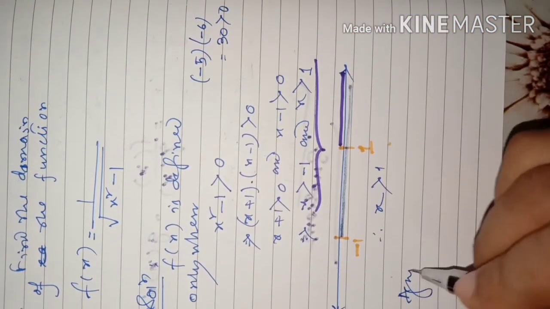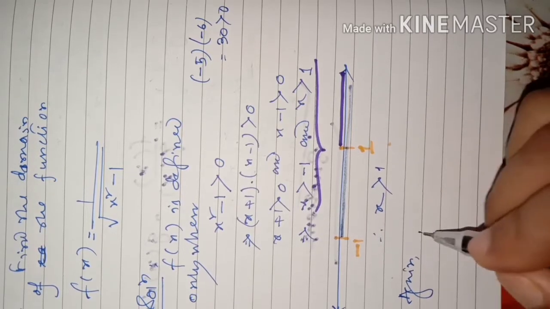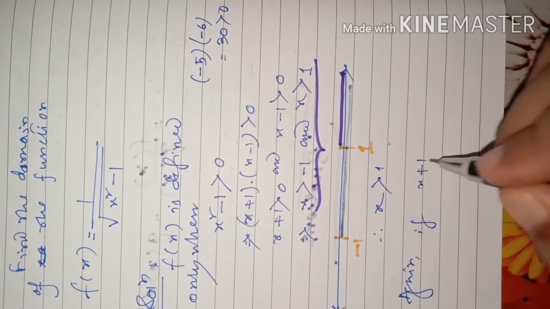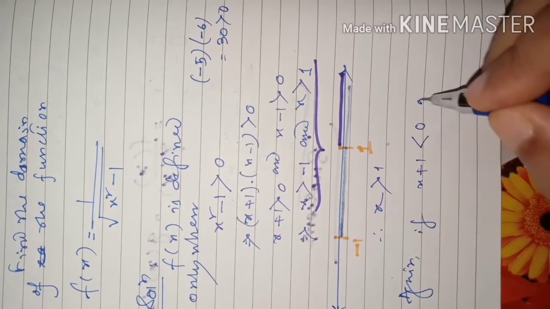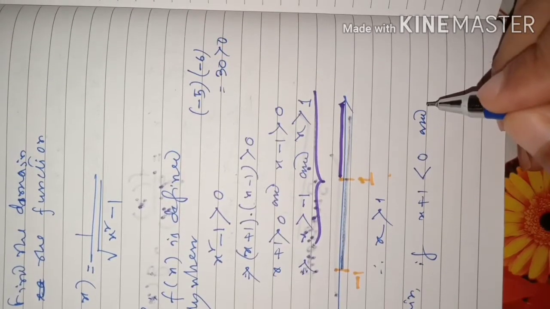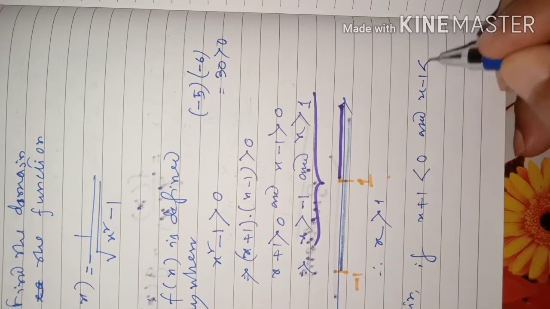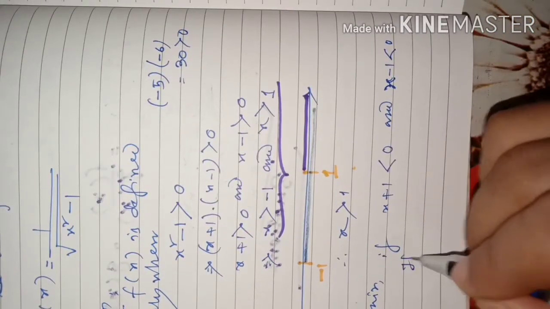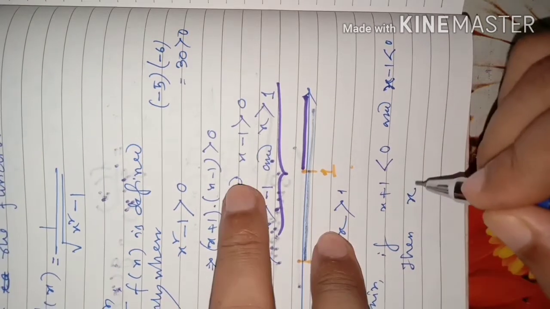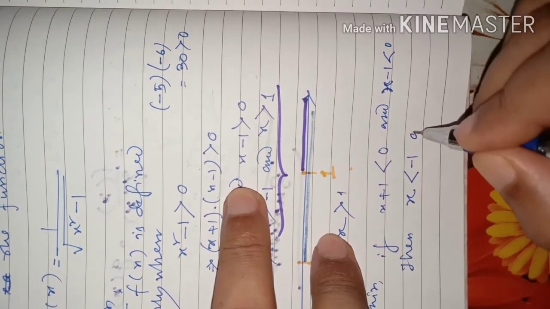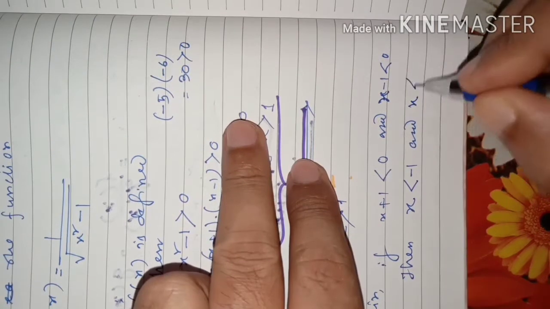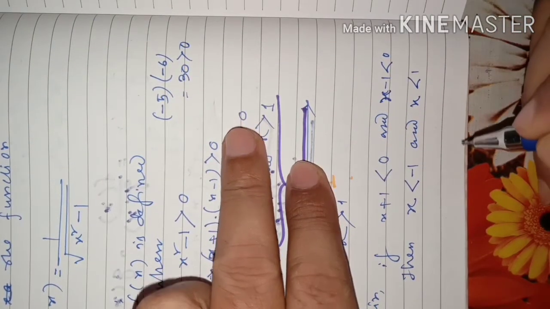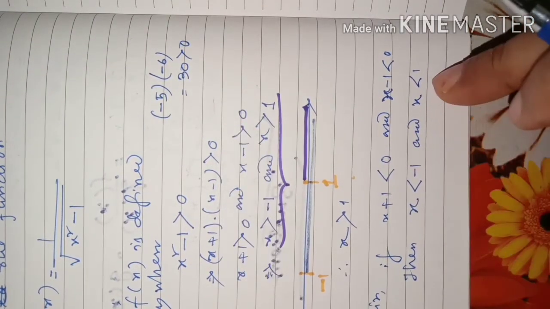So like that you should think. Again, if x plus 1 is less than 0 and x minus 1 is less than 0, then x will be less than minus 1 and x will be less than plus 1.